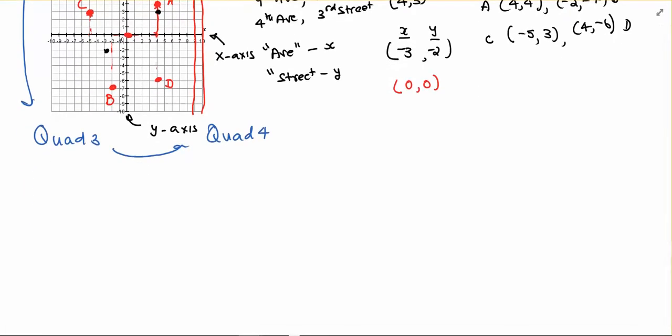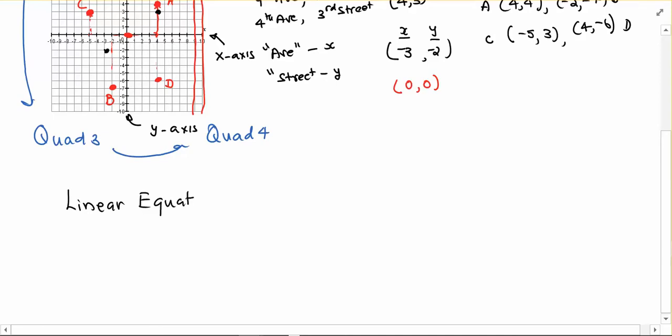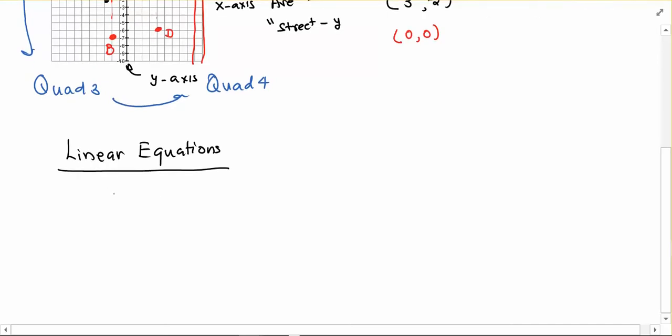So we're going to use this to do some graphing. What we're going to graph are what are called linear equations. Okay, and so what is a linear equation? So let me write the definition down.